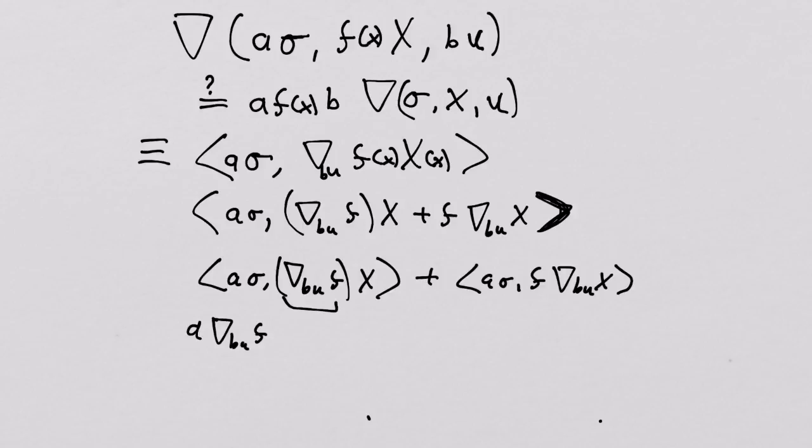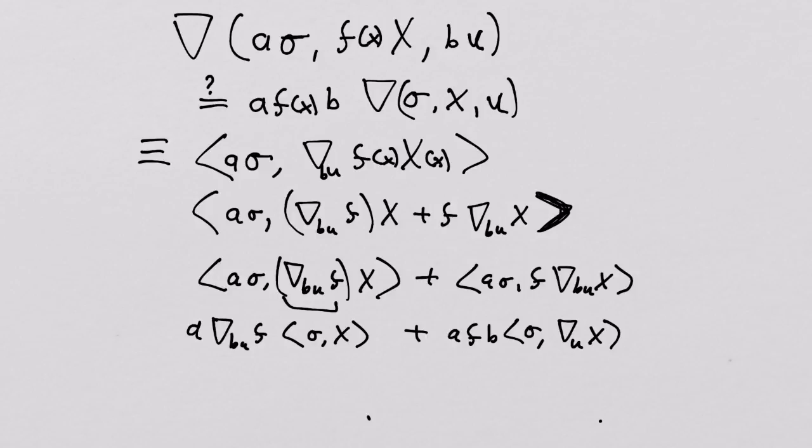This is a function, so that should come out. And what's left is sigma on X, which is a real number, plus, and this should end up being A comes out, F comes out, B comes out, sigma del U on X.